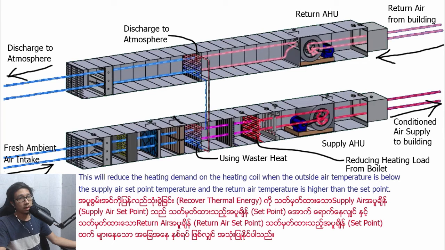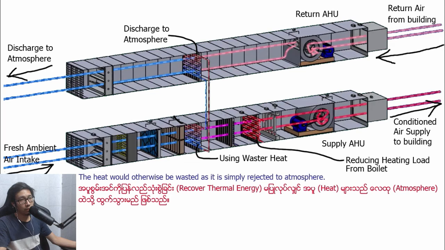This will reduce the heating demand on the heating coil, and when the outside air temperature is below the supply air set point temperature and the return air temperature is higher than the supply, the heat would otherwise be wasted as it is simply rejected to atmosphere.